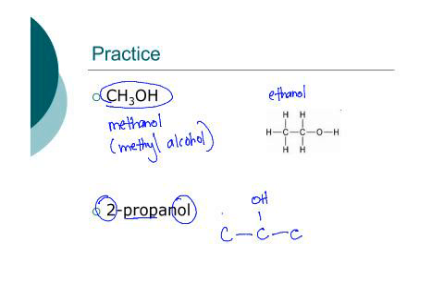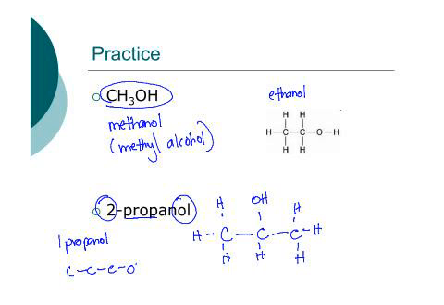And so then we can fill in the other bonds for carbon with hydrogens. So this would be 2-propanol, as opposed to 1-propanol, which would also be a 3-carbon chain, but the OH group would be attached to the first carbon, or an end carbon. Remember, we're always going so we get the lowest number.